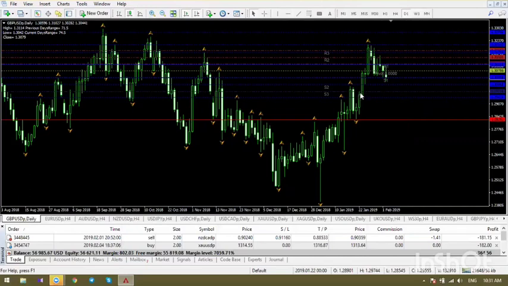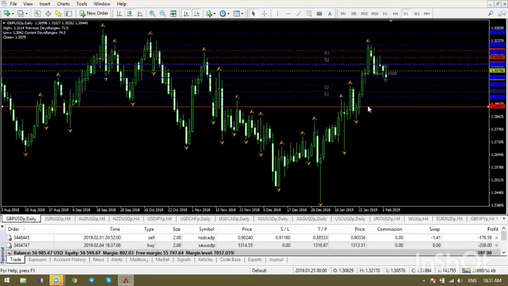But I should wait for my new candlestick to go past the tip of the shadow and the body, and after that I will start buying for the second time, and I will put my stop loss below this swing low here. I will put it right there.